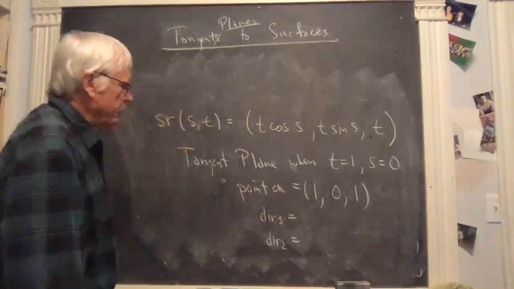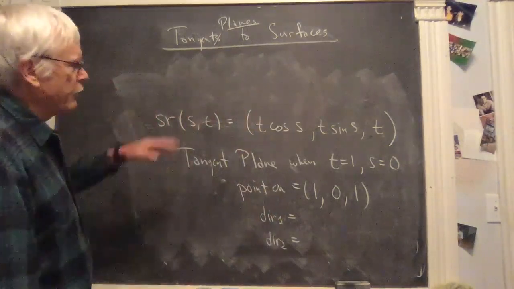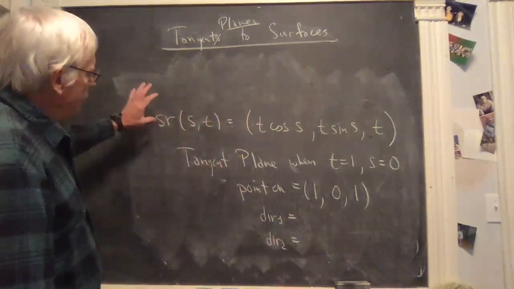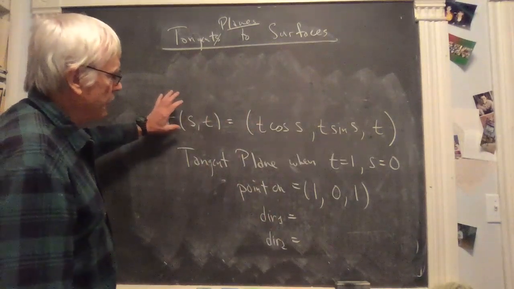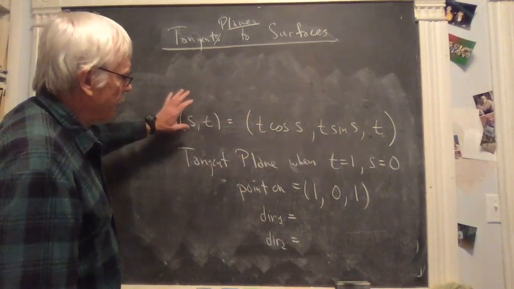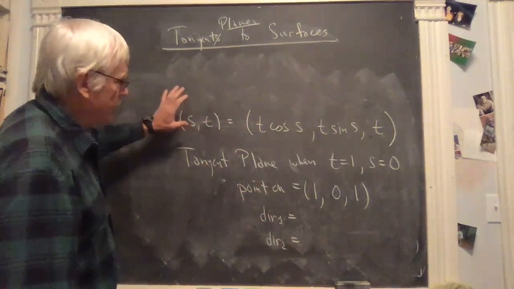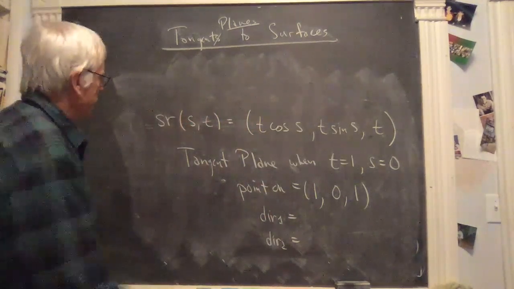How can we get these two directions from this? Well, we can find this parametric function's derivative with respect to t, and we can find its derivative with respect to s.